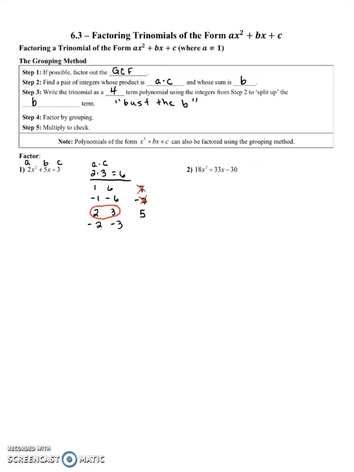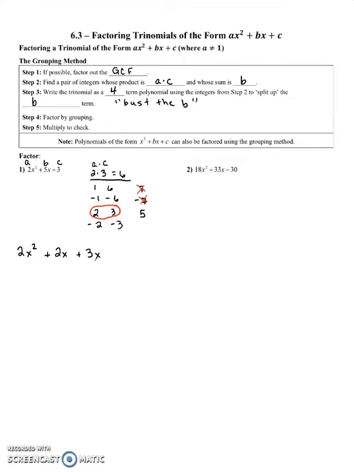So here's where we bust the b. We're going to write 2x squared. Our first term stays the same. This is the bust the b. So instead of writing plus 5x, we're going to write plus 2x plus 3x.